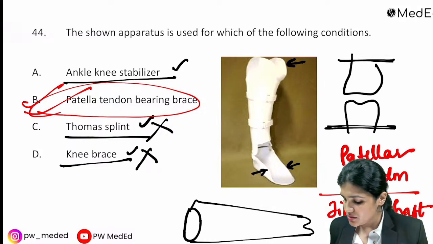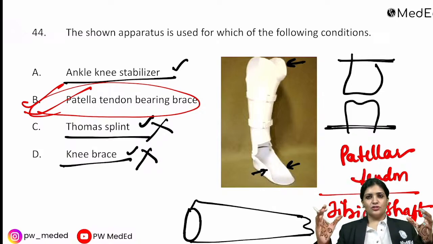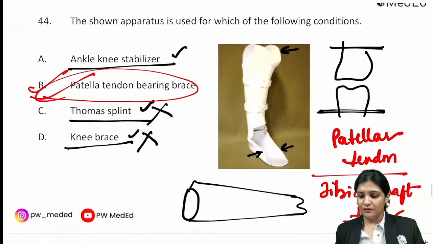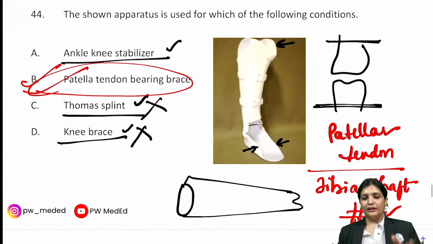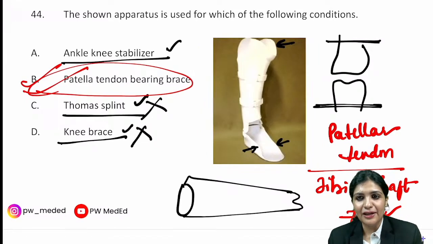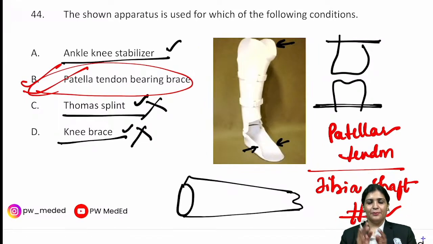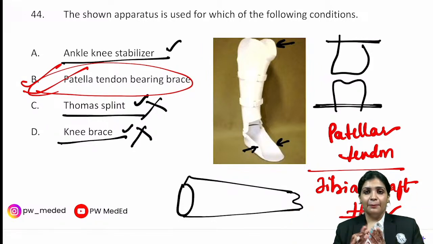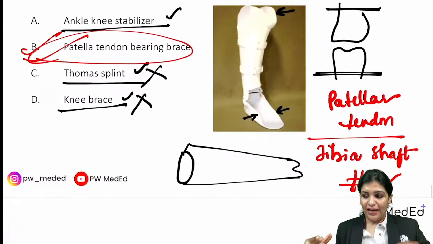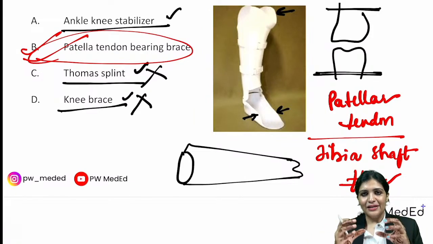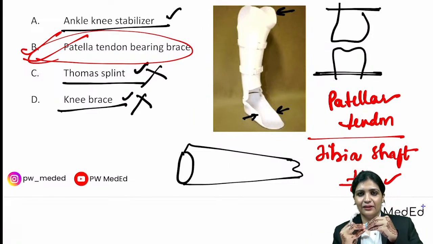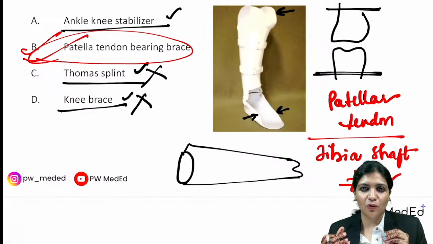When you want to treat them after surgeries, you put a brace, and this is called functional bracing. The patella tendon bracing is called the functional bracing, where you put it as a complete compartment, and you fix the length of it so that the muscles won't move. Because of this tensioning in the muscles, the fractures are held together, and this will result in the union of the fracture.